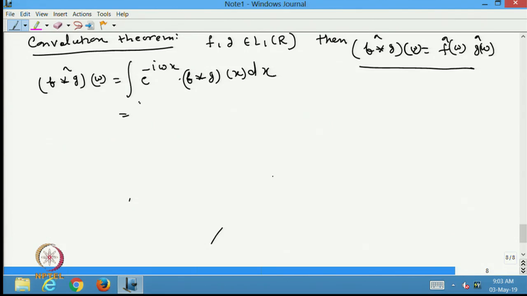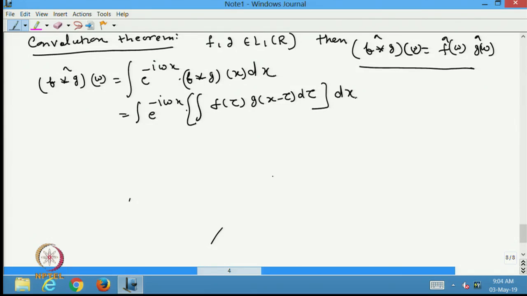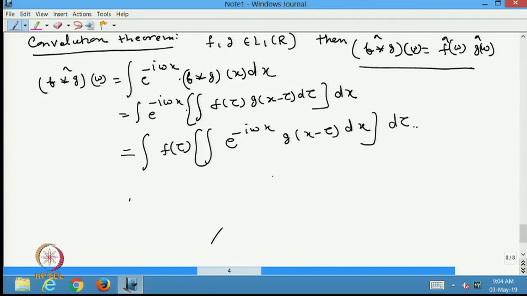Now I am using Fubini's theorem, with f of tau and dx d tau.